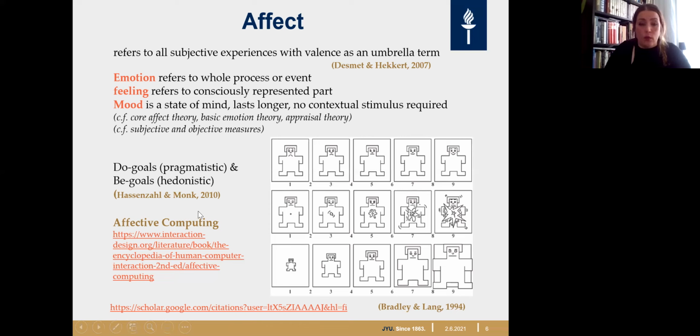If you want to look more about affect, how emotion has entered the research area in various fields where technology is involved, there's this affective computing chapter. It's from the Interaction Design Foundation. There's this Encyclopedia of Human-Computer Interaction, which is really nice. There's over 50 chapters of different central topics.